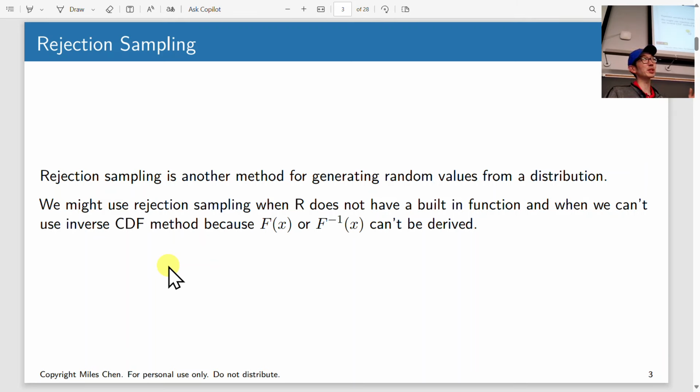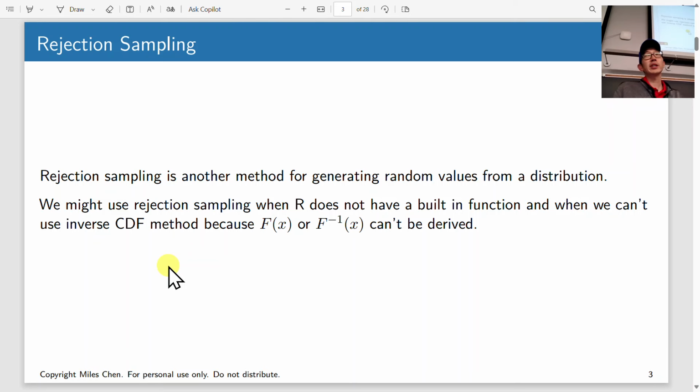Whether that be the expected value of a distribution, or if you plug those random values into a function like h of x, whatever that h of x is, you can get the expected value of that function.